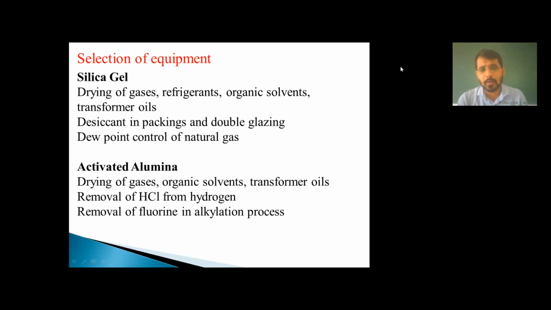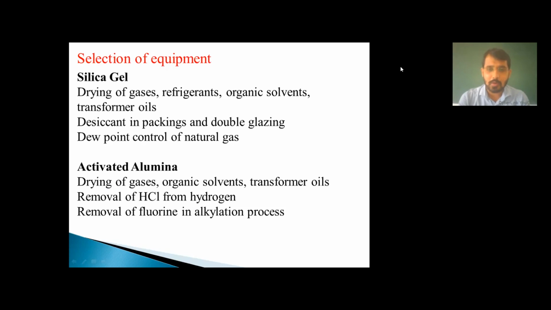Lastly, for removal of fluorine in the alkylation process, activated alumina can act as adsorbent. So these are the selections of adsorbents. In easy language, the adsorbent should have as large an area as possible. If there is a large area of the adsorbent, then this adsorption process can be efficient.